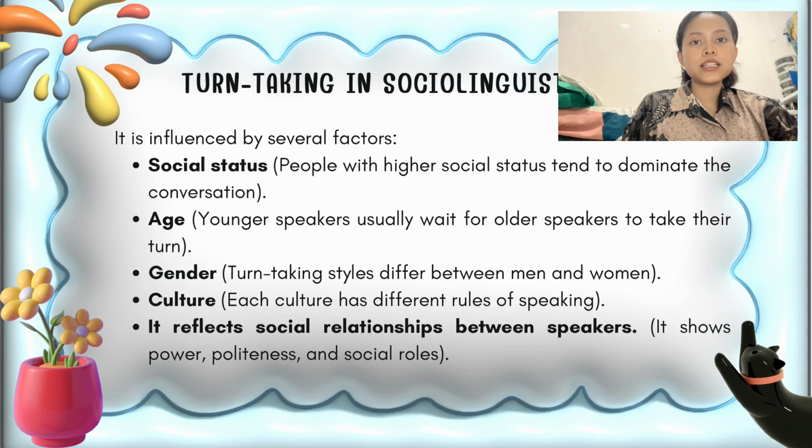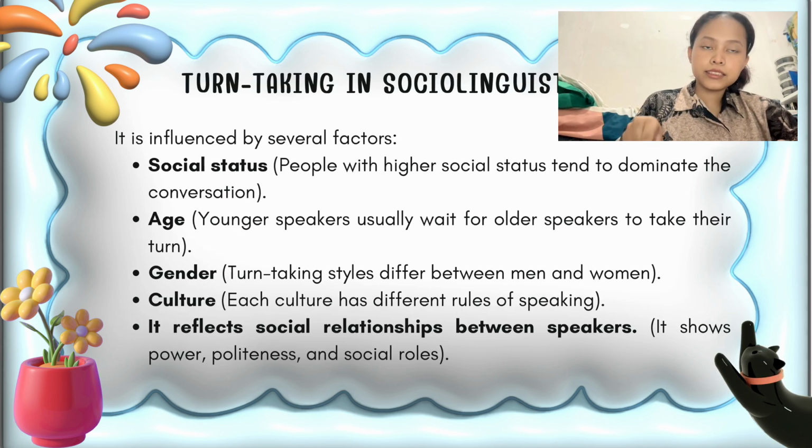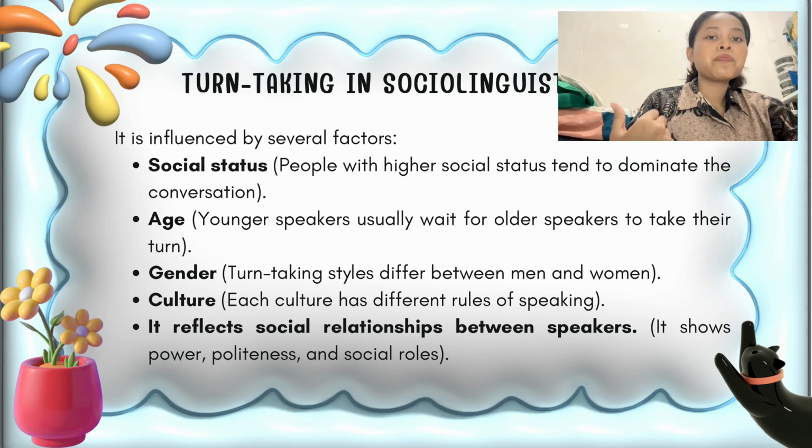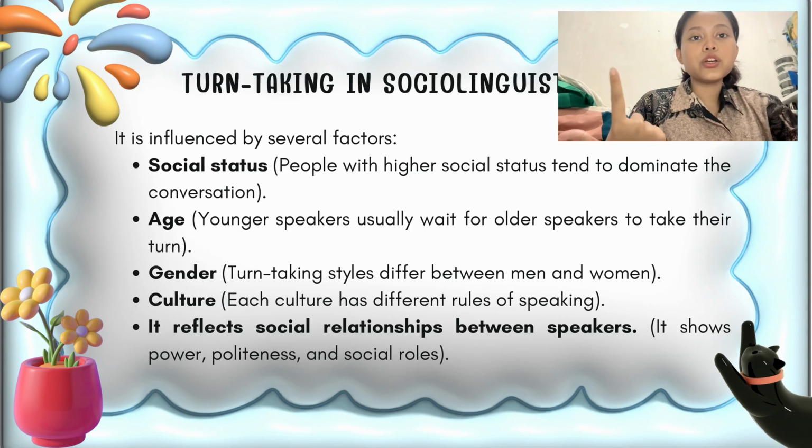Okay, next. In sociolinguistics, turn-taking is studied as a social practice. Turn-taking is influenced by several factors. The first is social status. People with higher social status often dominate the conversation. The second is age. Younger speakers usually wait for older speakers to take their turn.